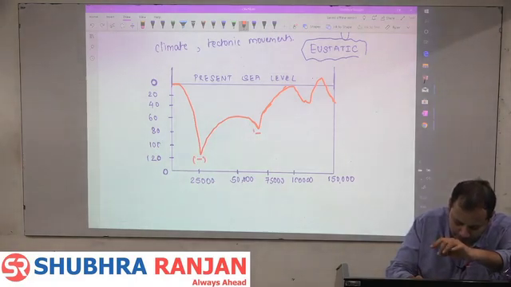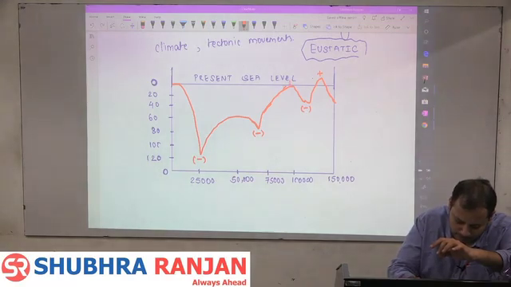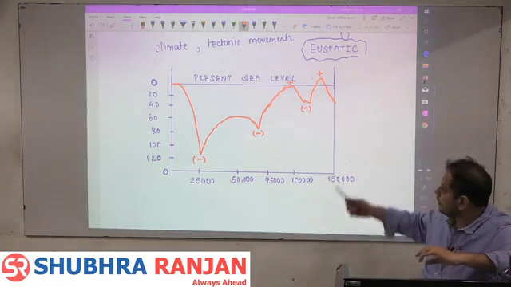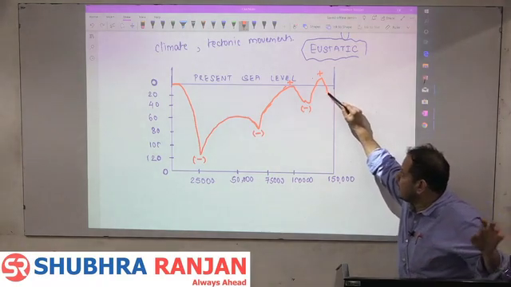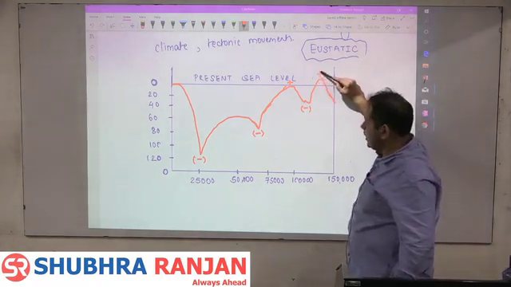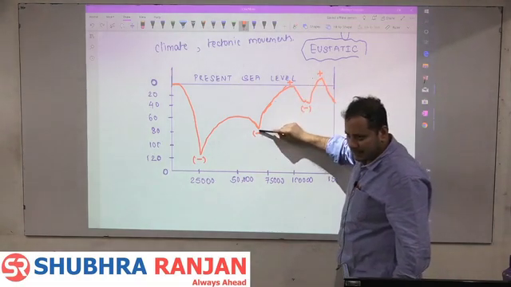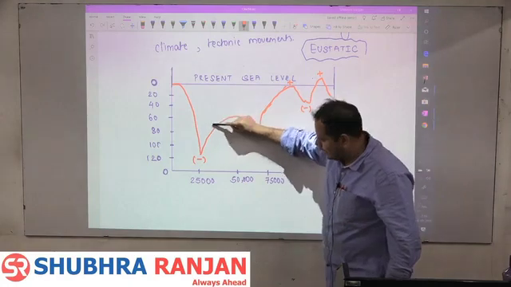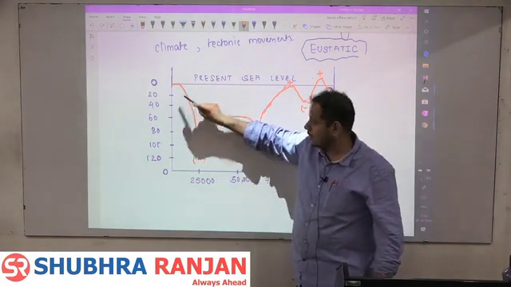We can draw this diagram. डेढ़ लाख साल पहले this was the sea level. Some 1,25,000 years before, the sea level increased. Again it decreased. Again it increased. Again it decreased. And after the end of the Pleistocene ice age, it has increased and it is constantly rising.